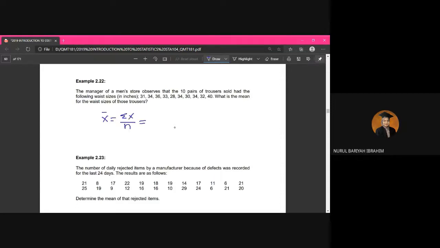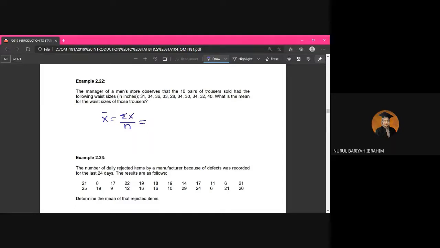You need to add up all the waist sizes from the 10 trousers: 31 plus 34 plus 36 plus 33 plus 28 plus 34 plus 30 plus 34 plus 32 plus 40.